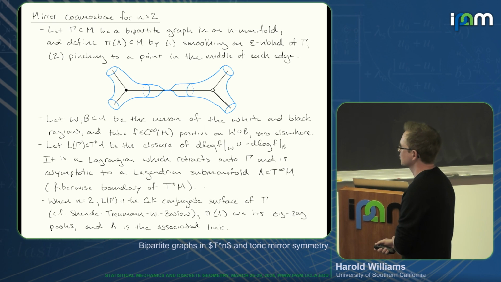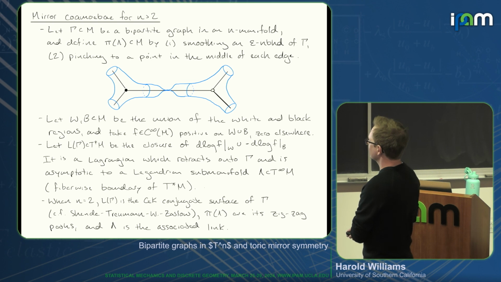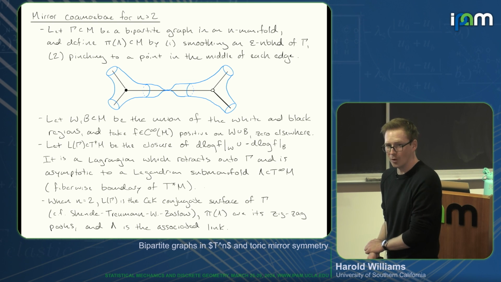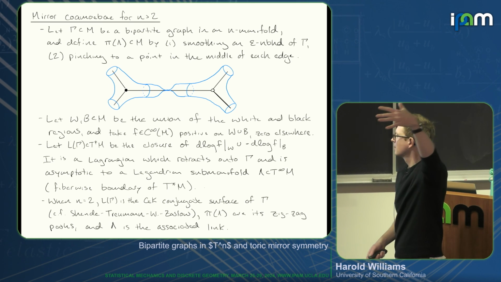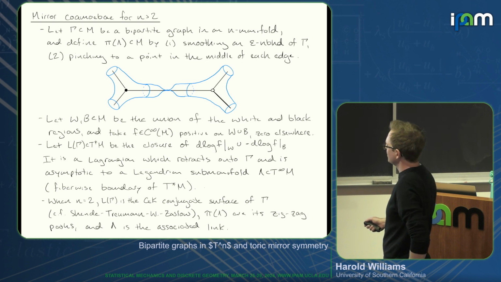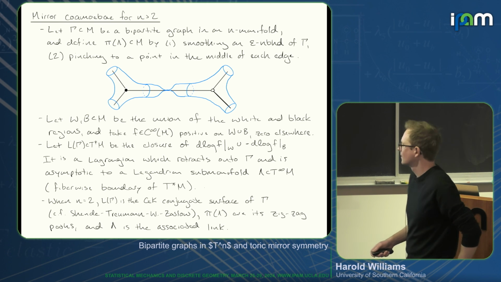Now consider the following subset of the cotangent bundle of M. I take the log of F and take its derivative, that's a 1-form. The graph of a 1-form is a subset of the cotangent bundle. I want to take the graph of that 1-form above the white region, union with minus the graph of that 1-form above the black region.